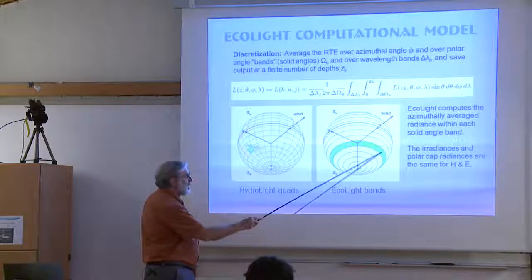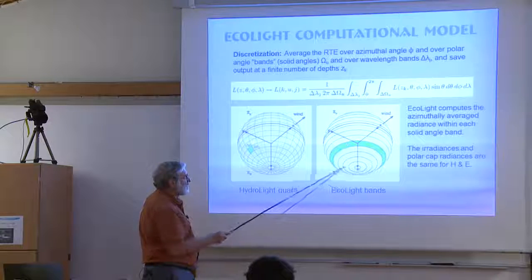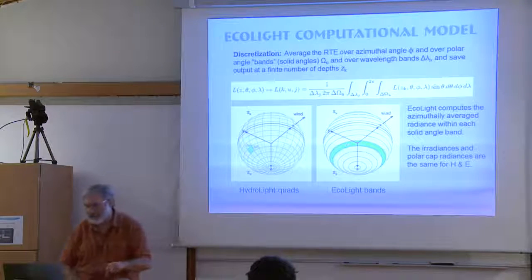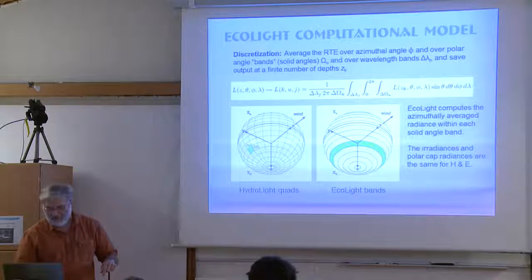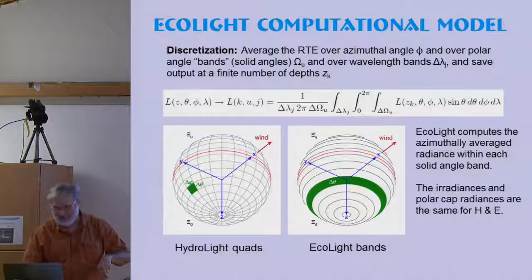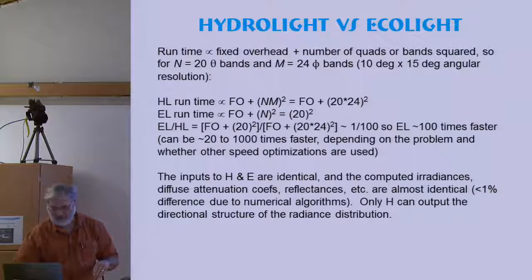Ecolight solves for the azimuthal averaged radiance in a set of bands here, and so you'll see how that works. And Ecolight typically will run 30 times or 100 times faster than Hydrolight because it's not doing the same level of detail.